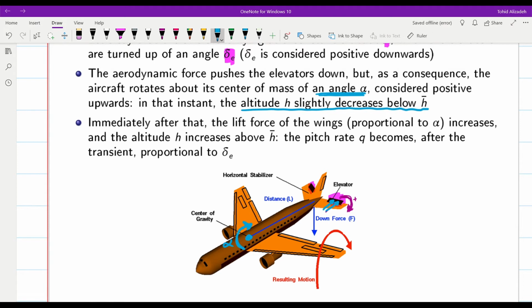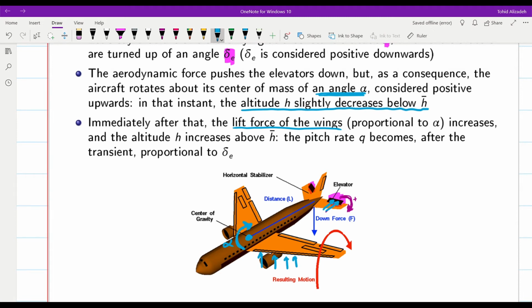At that moment, the altitude h will slightly decrease below h bar, but then since the airplane is rotated by the angle alpha, there will be lift force on the wings. The wings will also be rotated by the angle alpha, and forces are applied on the wings because the airplane is moving forward.